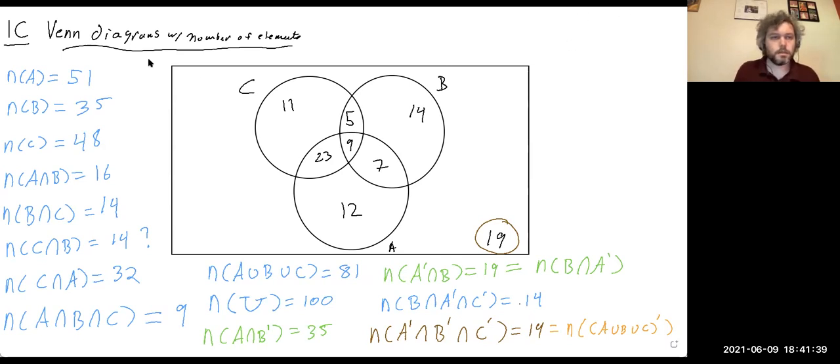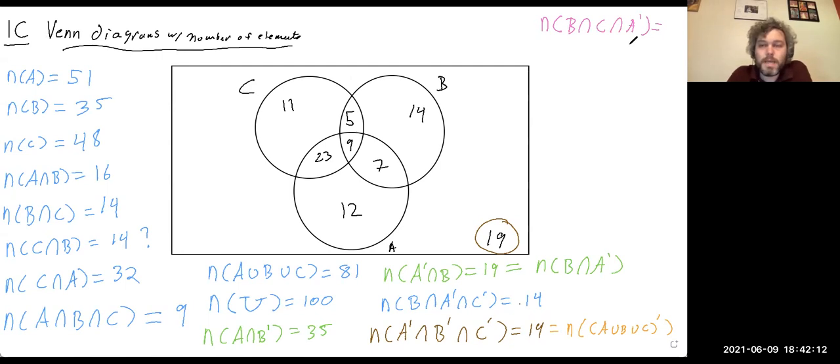Can I sneak some more problems on the right side of the screen? I'm going to try. So I'm on the top right now. What about the number of B intersect C intersect A complement? What do you think that is?